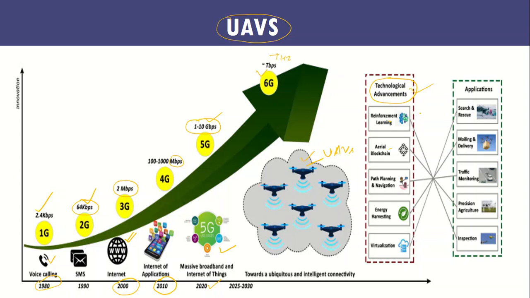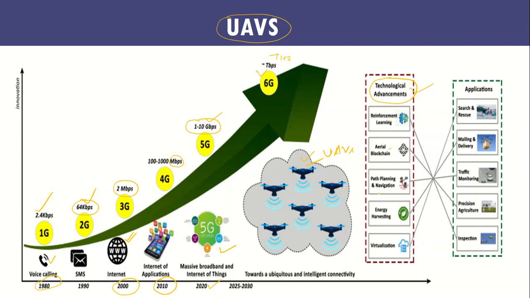Reinforcement learning basically reads the interests of users and provides those users the data of their interests. Aerial blockchain provides the path, or how these blockchains are formed of the UAVs.